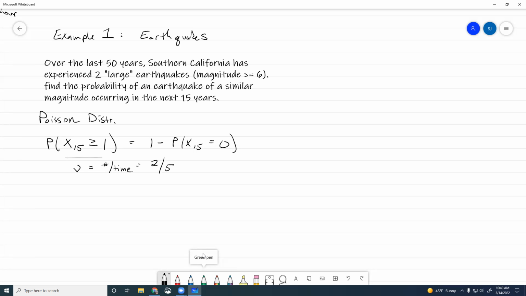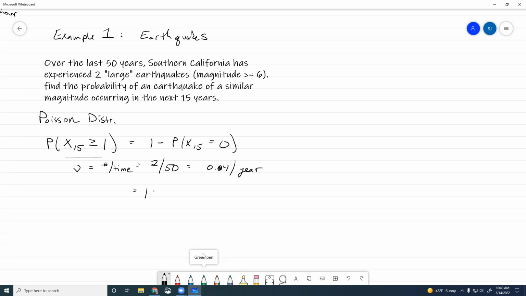Yeah, 2 over 50. Not a huge data set, but it's something to work with. If we assume a constant rate over time, which may or may not be true with earthquakes, then we get a rate of 0.04 per year. So that's our rate parameter.